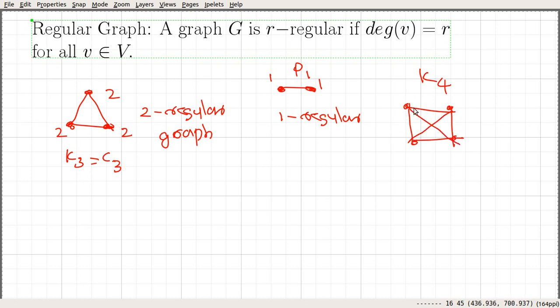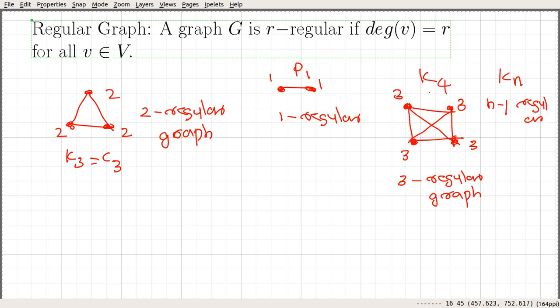Here you can see that the degree of this vertex is 3, and the degree of this vertex is 3, and this vertex is 3, and this vertex is 3. So K4 is an example of a 3-regular graph. Again, if you consider a complete graph on n vertices, Kn, each vertex is connected to n minus 1 other vertices. So Kn, the complete graph on n vertices, is n minus 1 regular.